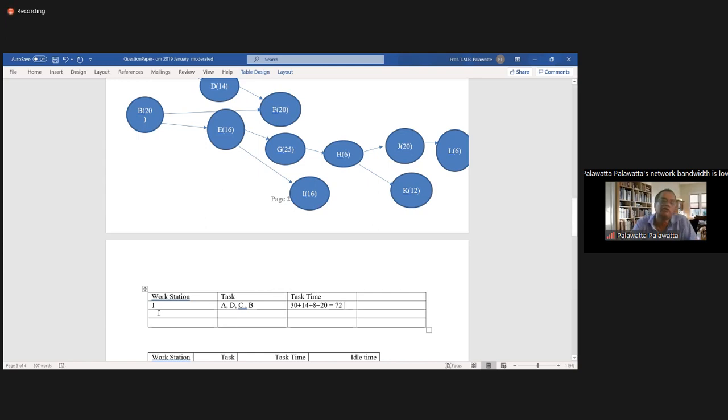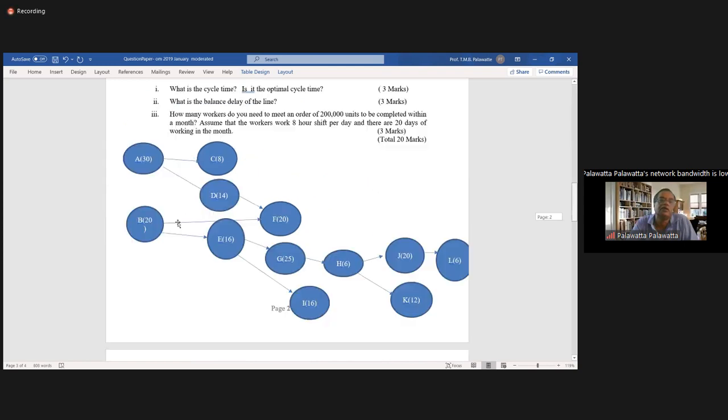And then go to the next, say station 2. So now allocated A, C, D, B. So we can allocate F, G, E. F is 16 plus E is 20, so 16 to 36 plus 25, G is 25.